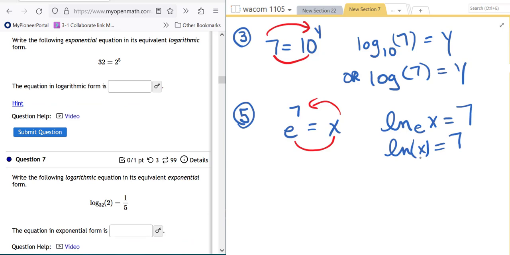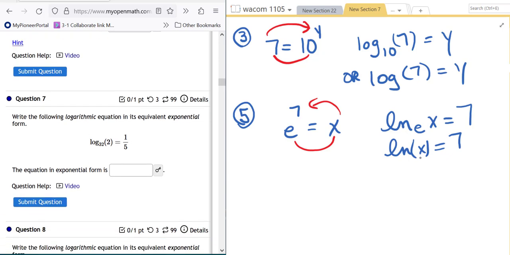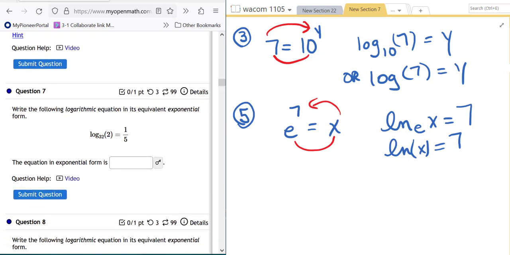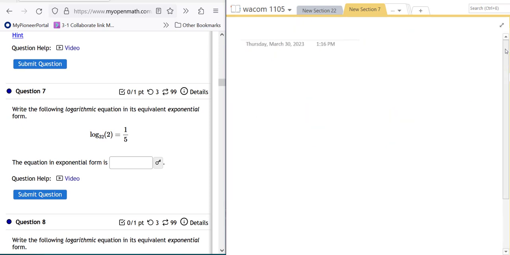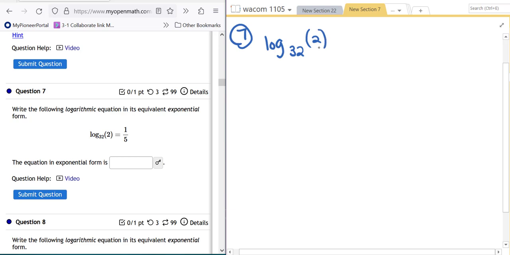All right, next I went to 7. So these are just, it's a lot of problems over and over to make sure that you can do these skills, right, in different forms. So 7, I have the log base 32 of 2 equals 1/5, and they want me to switch to exponential form.